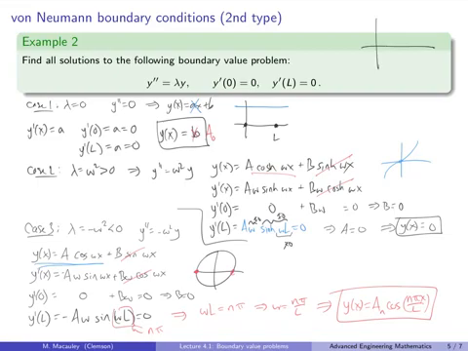In the previous slide we had y of 0 equals 0, and y of L equals 0, and all of these solutions are sine waves.